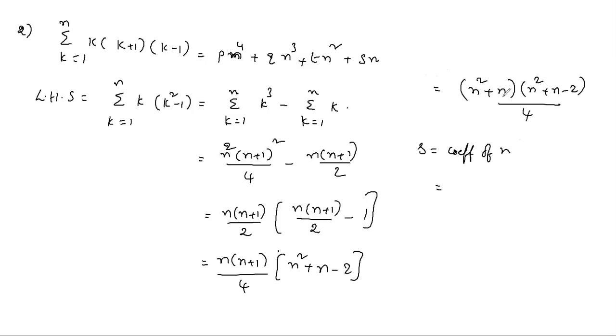The coefficient of n we get from n into minus 2, which is minus 2n by 4, so minus 1 by 2. Only you will get n into minus 2; for the other you won't get n. The answer is minus 1 by 2. You have to multiply first one and last one so that you get only the n coefficient, minus 2 by 4, so minus 1 by 2 also.